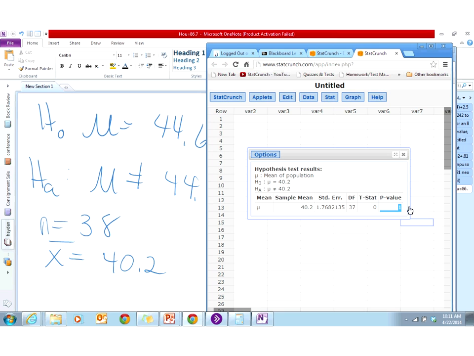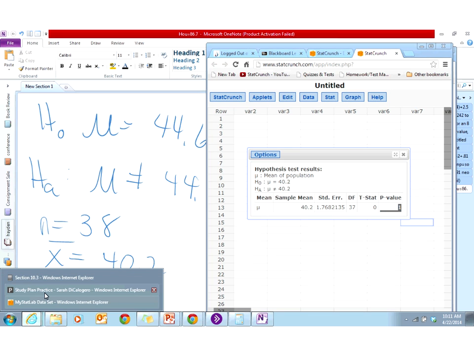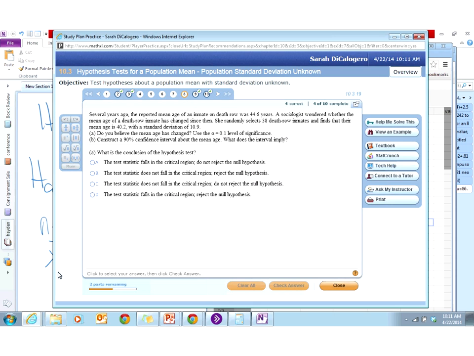Oh man, that's a big p-value. And that makes sense because our sample standard deviation was 10. I'm going to double check that because that's so big. Do you believe the mean age has changed?